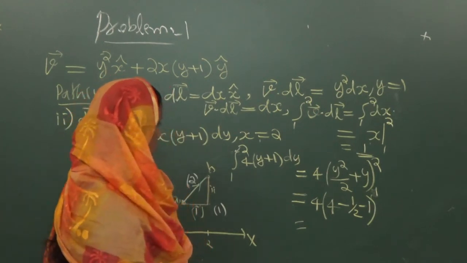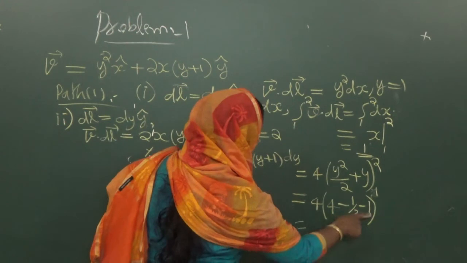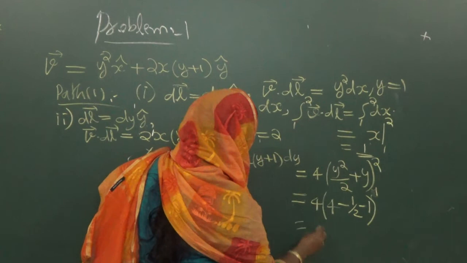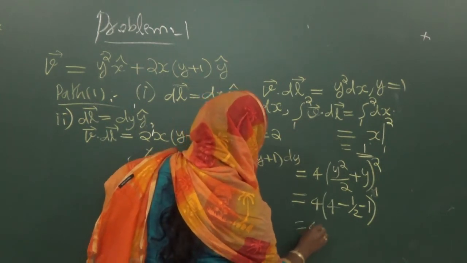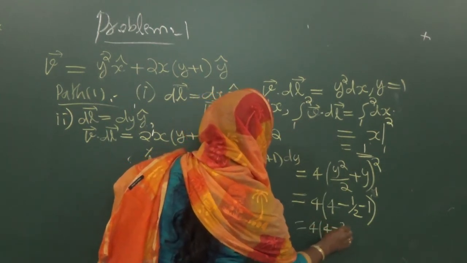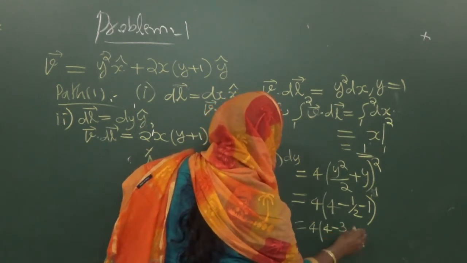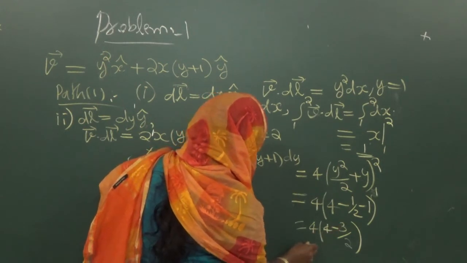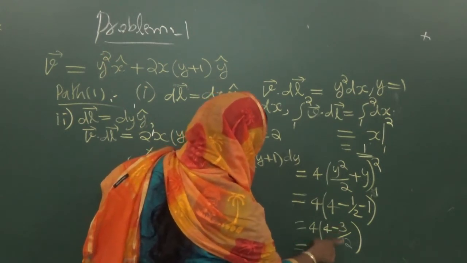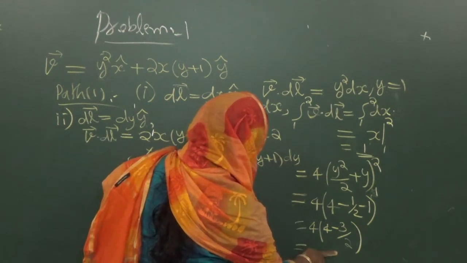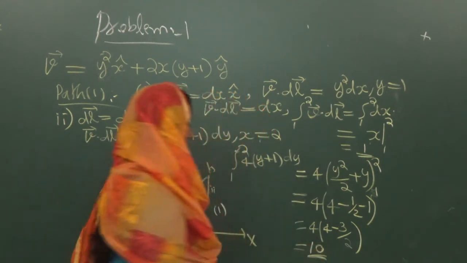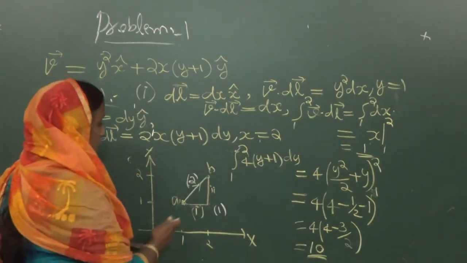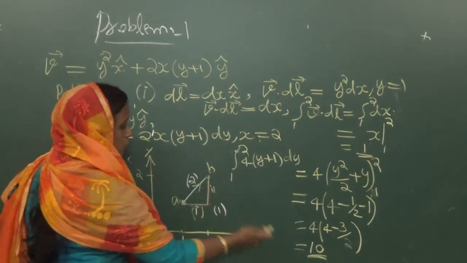So here you get minus 3 by 2. So 4 minus 3 by 2, that means 8 minus 3 by 2, okay, 10. Right? So along this part, you get 10.